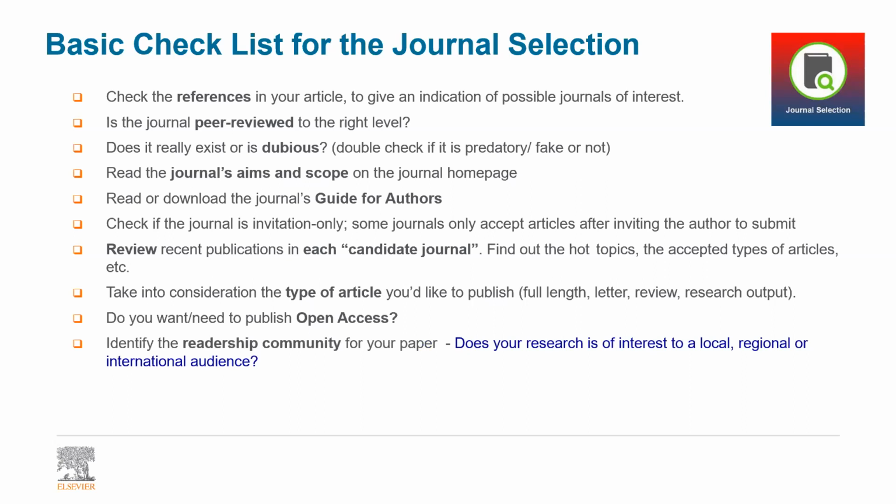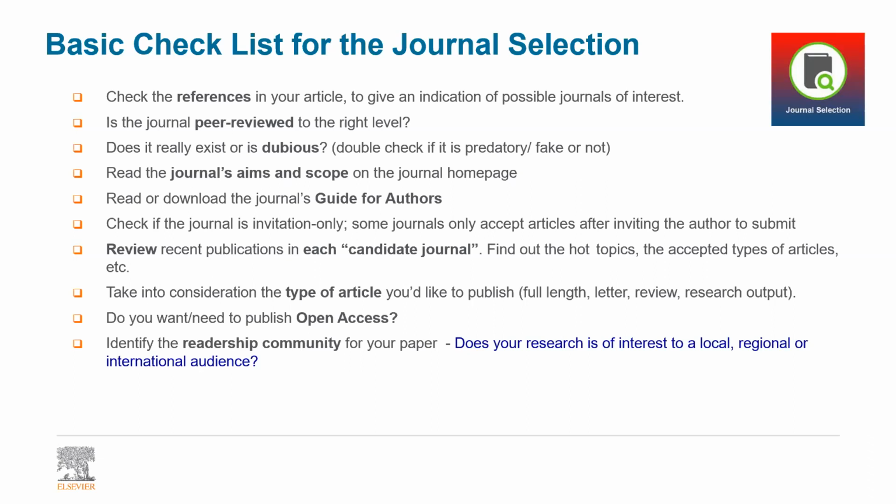I need to identify the readership community. So if these research outcomes are of interest to the local audience, is it for the region? Is it international? I have to be careful about that. As an example, I would like to make a comparative study between two kinds of crimes, for example, in the Middle East or in a specific country.